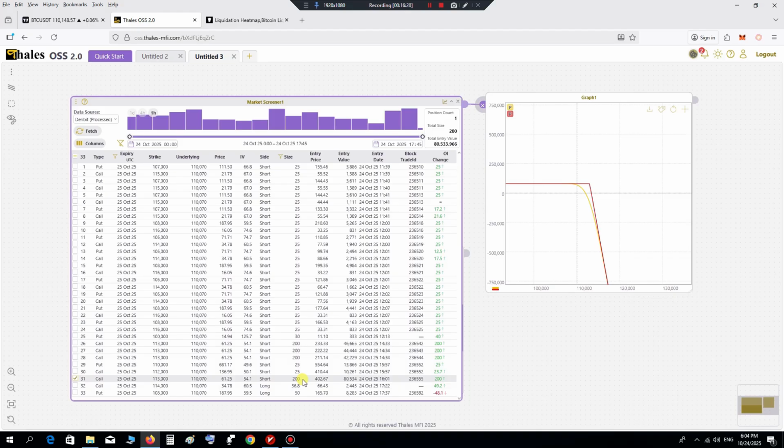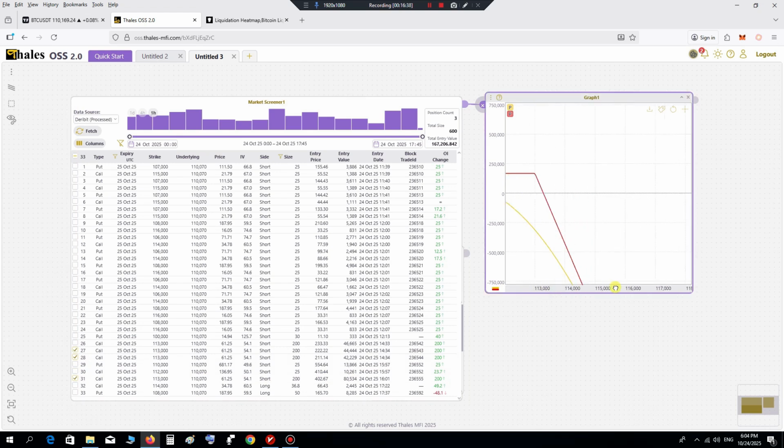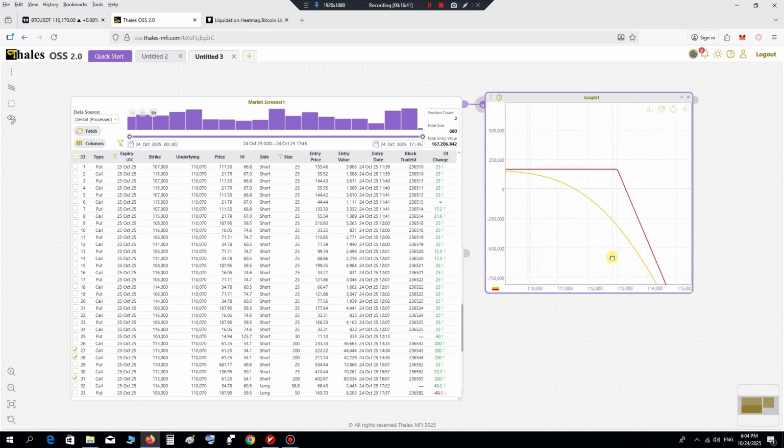We have two 200 Bitcoin positions with different block counts. Short call. This one is also at 113, so they've seen the top. So basically, we had 200, 200, and here again, 200, so 600 short calls in total at 113, which has also been realized in a way, you could say.